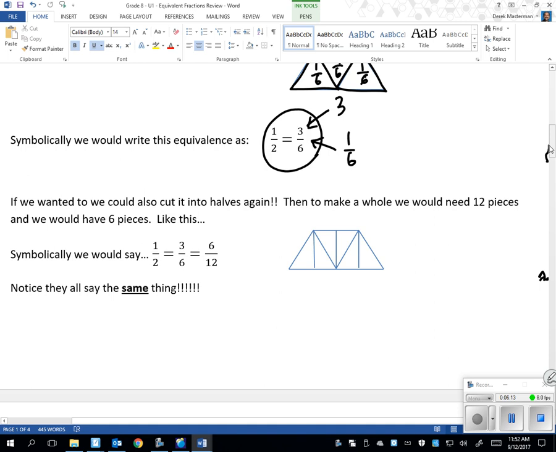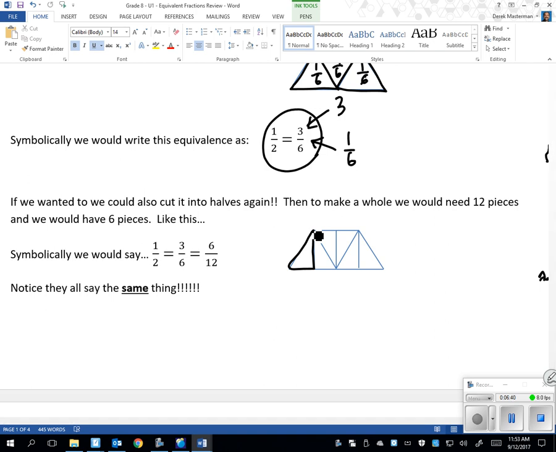We could also take this, we've chopped it into 3s, but I could take that and I could chop those into 2s. I'm gonna take the 6th and I'm gonna chop it into, what would the 1/6 piece turn into? 1/12. Very good. Because when I chop that piece off, how many of these does it take to make the whole? 12.